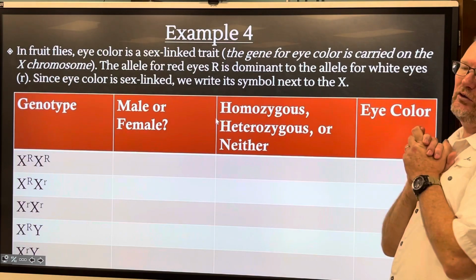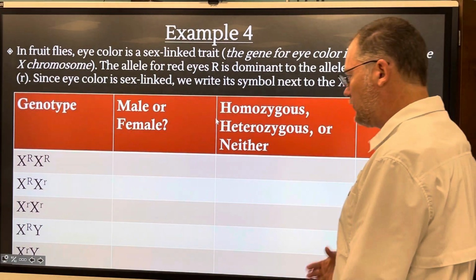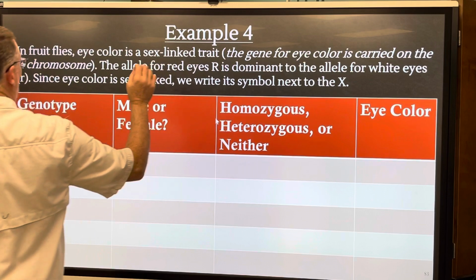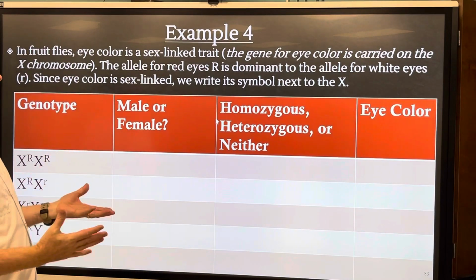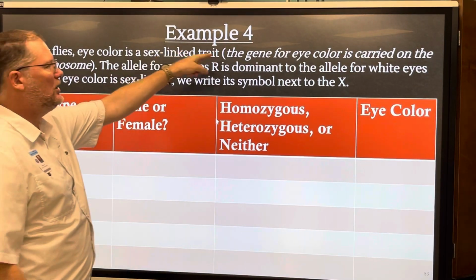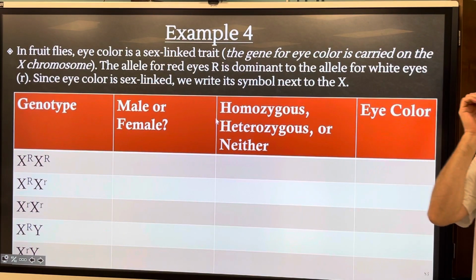So here's an example. So you have a chart at the bottom of page 17 with different genotypes. So we're going to be talking about fruit flies still, and eye color. So eye color, it turns out, is a sex-linked trait. That means the gene for eye color is carried on the X chromosome.